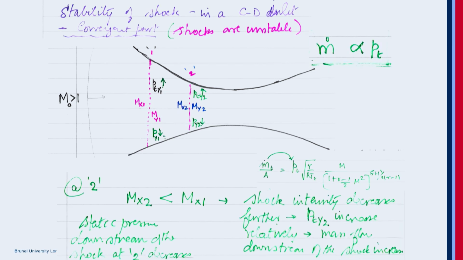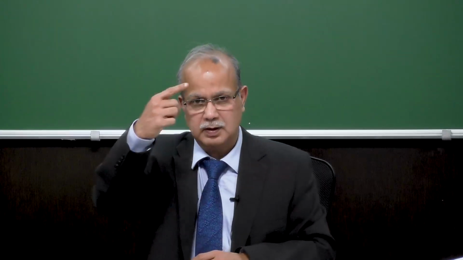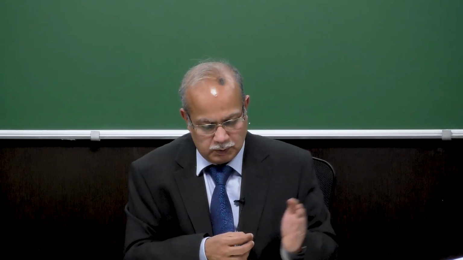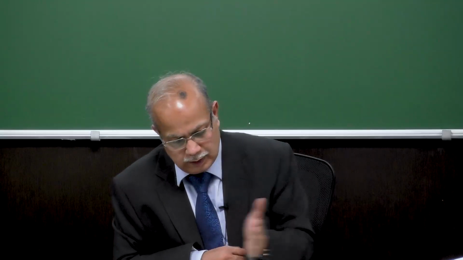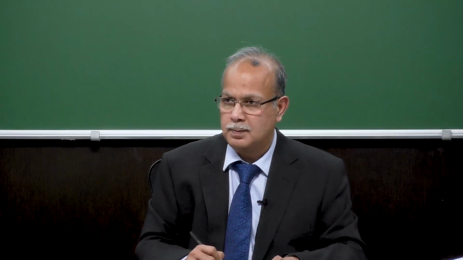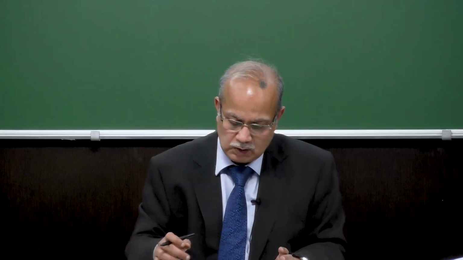If we move to section 2, because of the geometry the Mach number decreases, the intensity of the shock decreases even further, and the total pressure downstream of the shock increases even higher on a relative basis. It creates an even stronger suction flow, which quickly draws the shock and moves it past through somewhere here. So shocks are highly unstable in the convergent part. Okay.